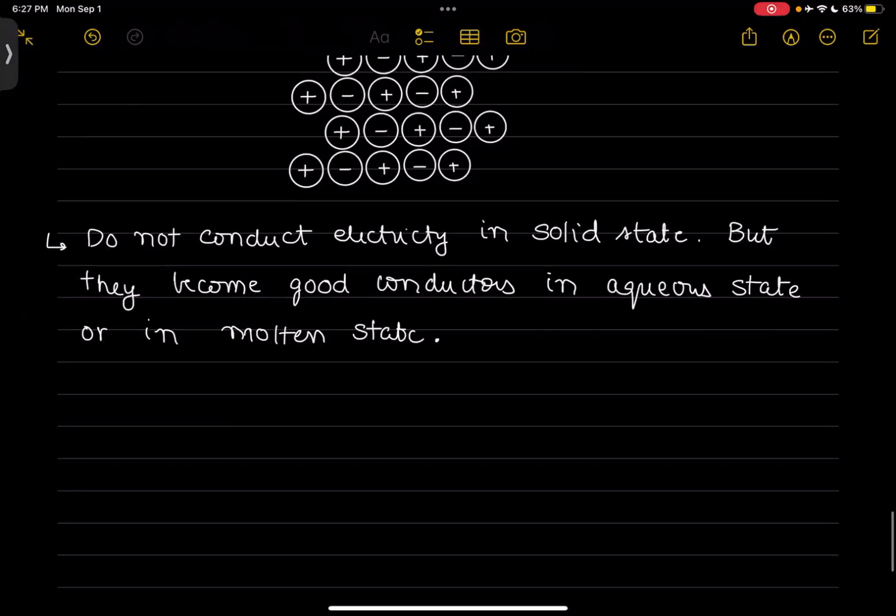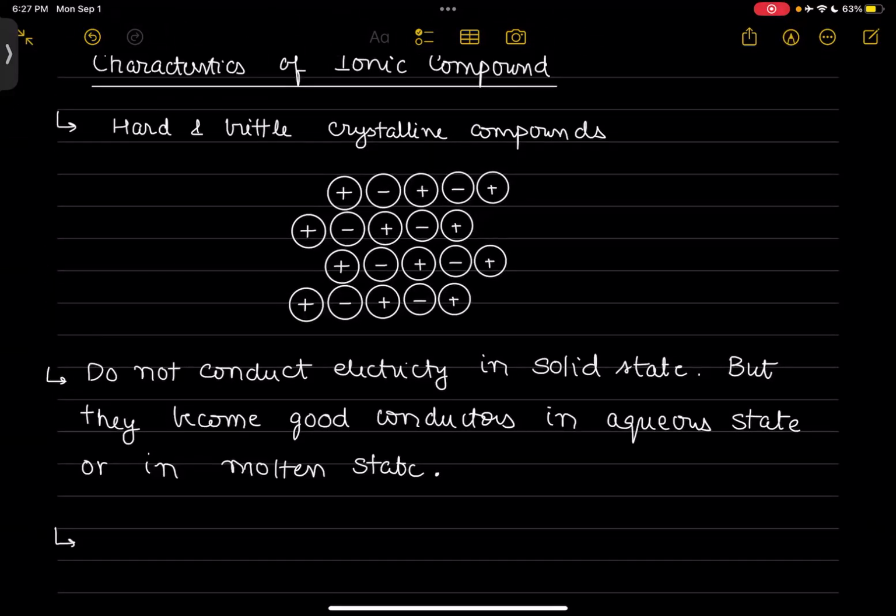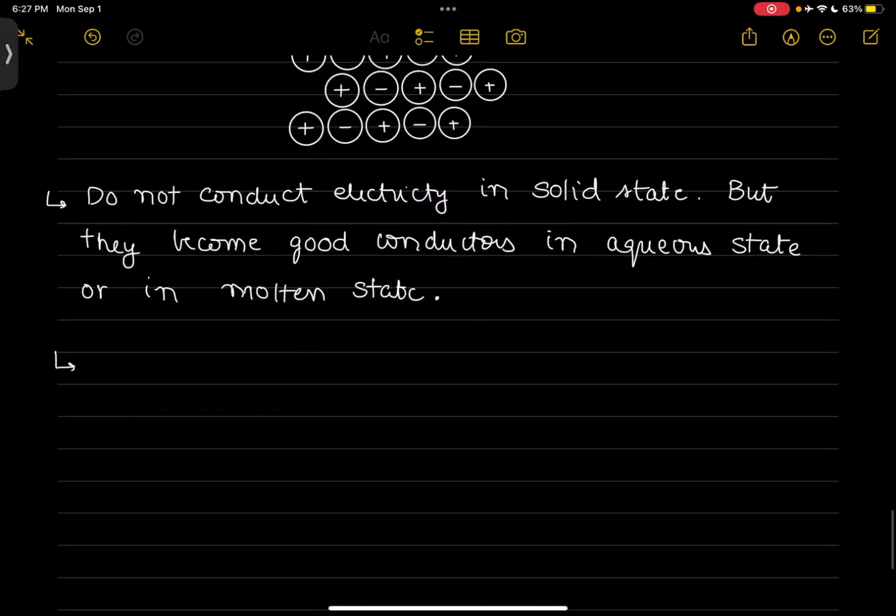Next is, what about their melting points? Do they melt easily, or will they have a very high melting point? A high melting point. They will have a very high melting point. Why?